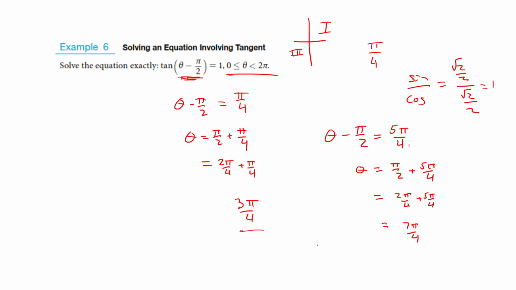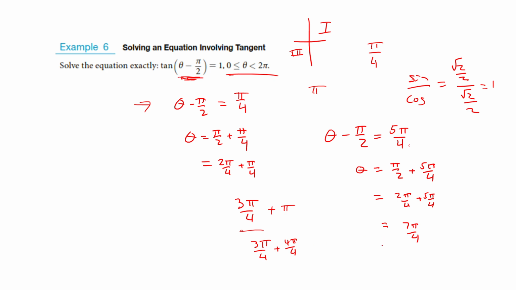Okay, now real quickly here, I think this is probably the better way to do it, but suppose you had just solved pi over 4, like done this version right here. Because tangent has a period of pi, you could have just taken this answer and then added pi to it, which would be 3 pi over 4 plus 4 pi over 4.